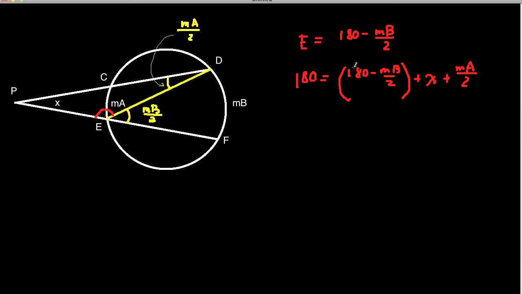Okay, let me subtract this from both sides of the equation. So I get 180 minus 180 minus measure B divided by 2. And let me subtract, okay, this equals x plus measure of A divided by 2.